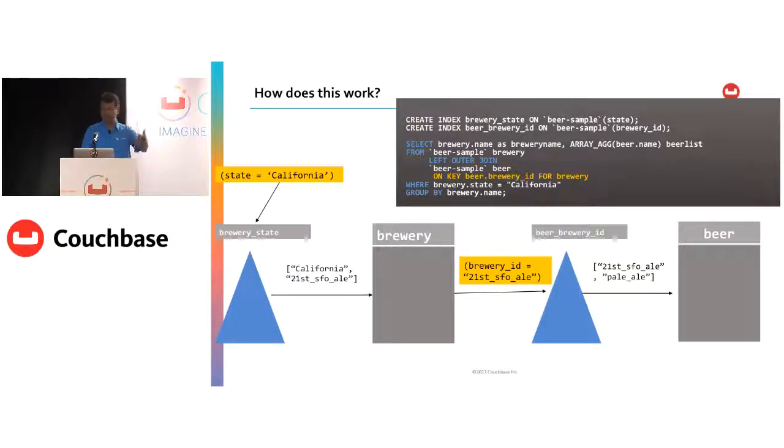brewery, which doesn't have all the keys for the beer, but okay, let me look at it. In this case, I'm starting with brewery. I'm pushing down the predicate state equals California into the first scan, and now I get the reference to the actual state, which is the key, as well as the document ID of the brewery.